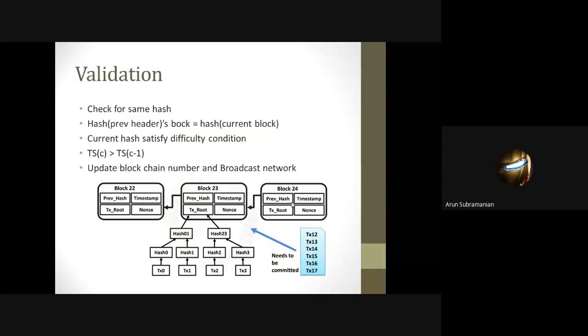Let's say I am a malicious node, also having blocks 22, 23, and 24. First, I will try to alter my own block, then try to spread it to the rest of the network. If I introduce some fault in block 23, my hash value gets changed. Because of that hash value change, my successive blocks will also be affected. Since this hash value is changed, the link is broken here.